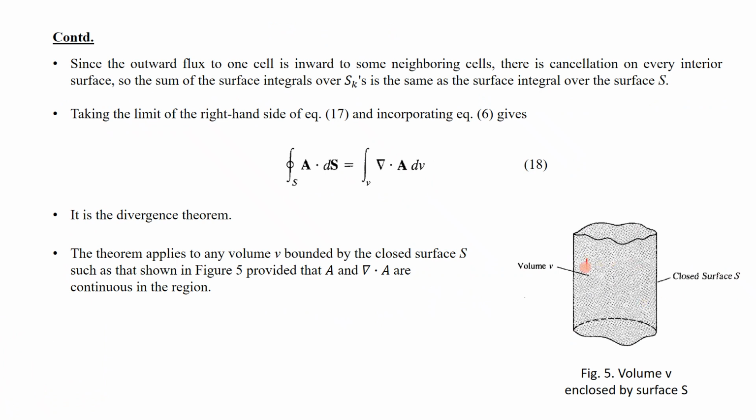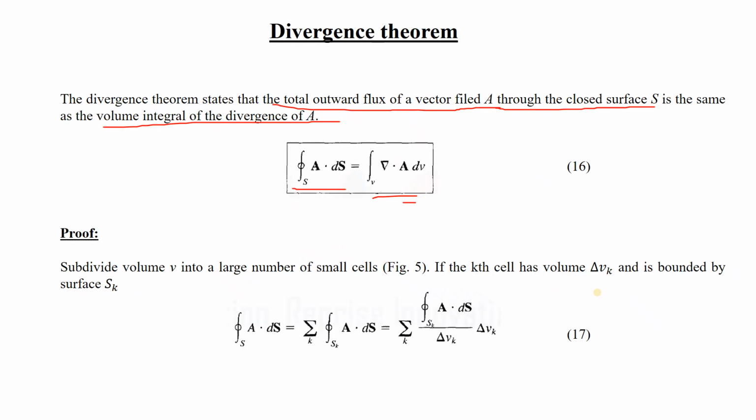That means we are dividing it into small objects, each having a volume of delta V. That means delta V1, delta V2, delta V3, like that.